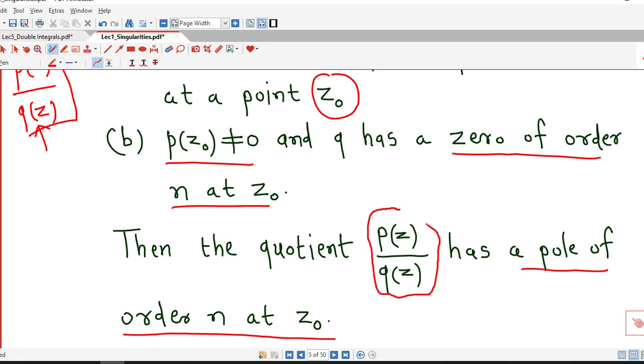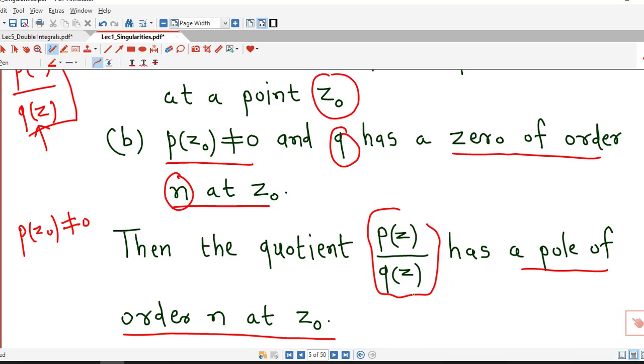So this quotient has a pole of order n at z0 if p of z0 is not equal to 0 and z0 is a zero of nth order of the function q.